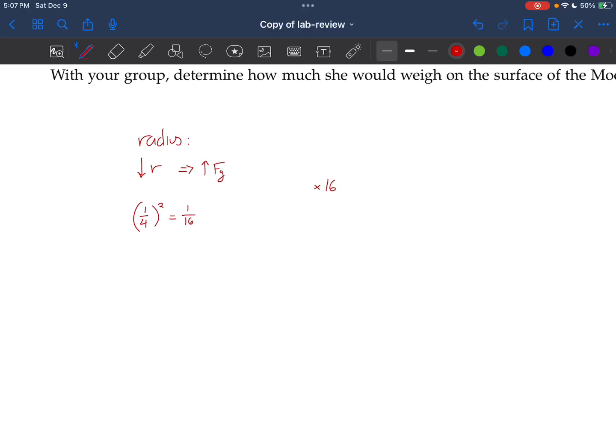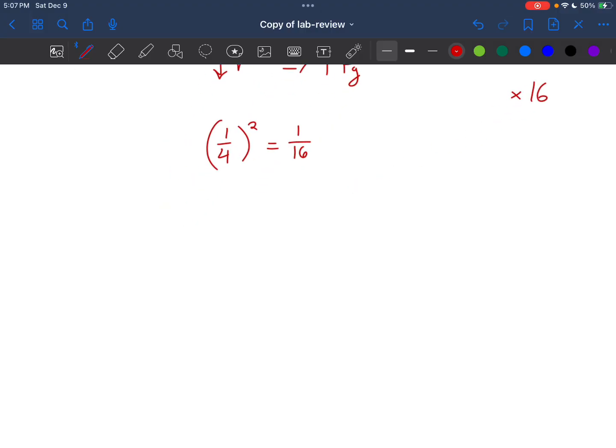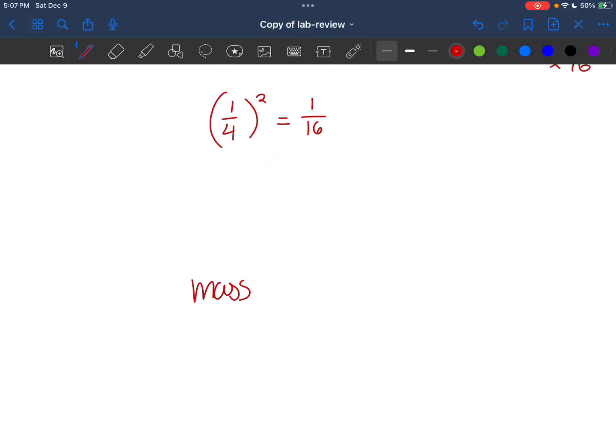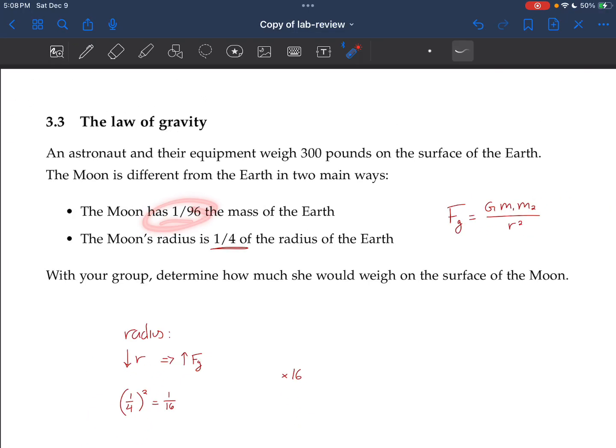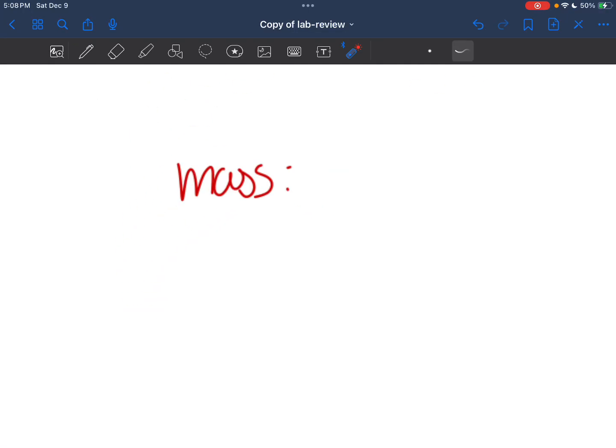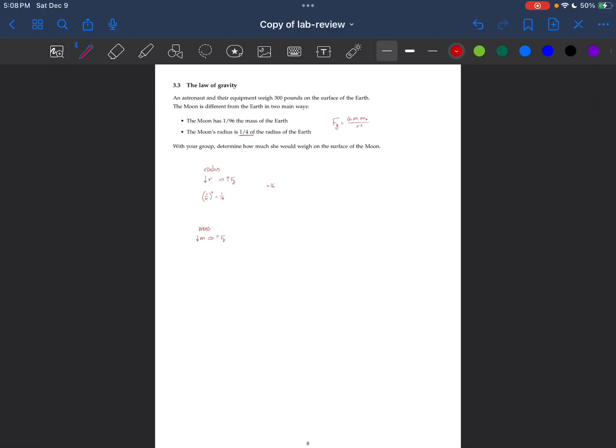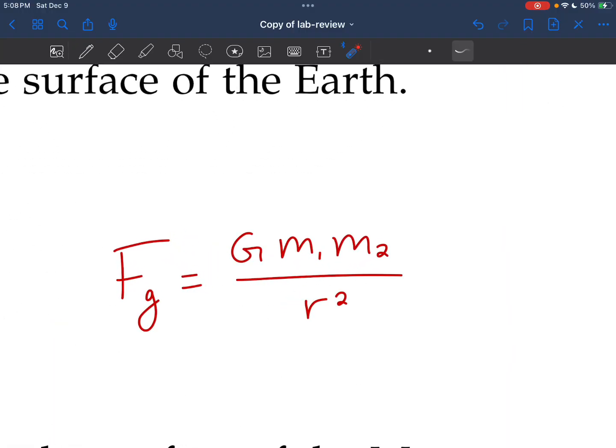We figured out what the radius is doing. All right, well, what about the mass? All right, so come here and I have my mass. Well, I know I'm decreasing the mass, so let's come back to our system down here. If I'm decreasing my mass, I want to figure out what that's going to do to the force of gravity. So I come up here, and again, it doesn't matter which mass is which, right? We'll say that this one is the mass of the person, and this is either the mass of the moon or the mass of the Earth, whatever it is, all right?